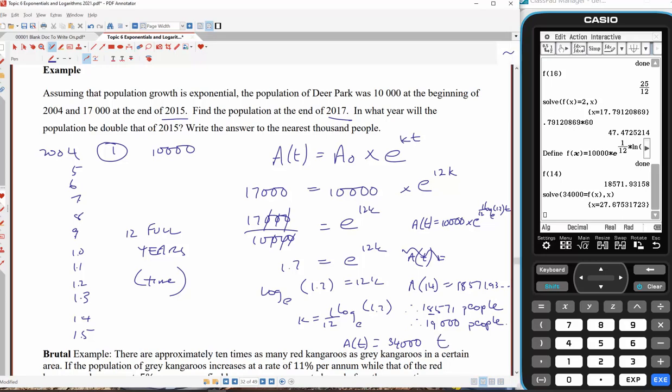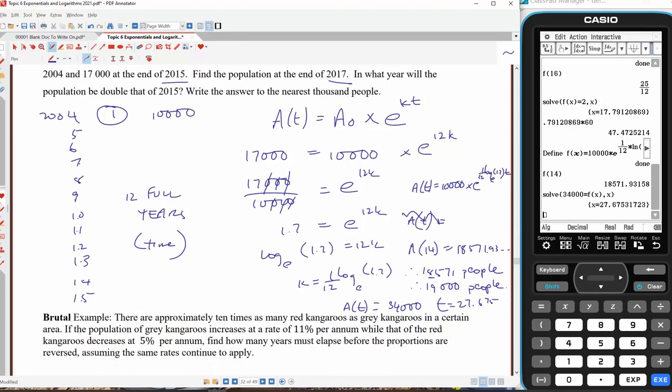So t equals 27.675. All right, that then is therefore t equals 28. So here we go. This is going to take some calculating.